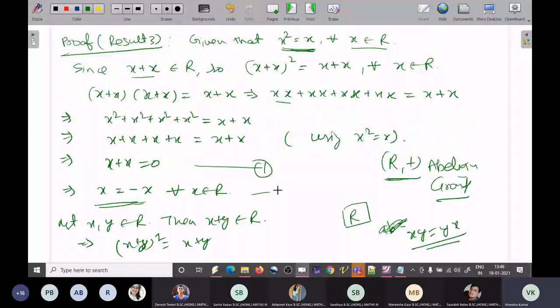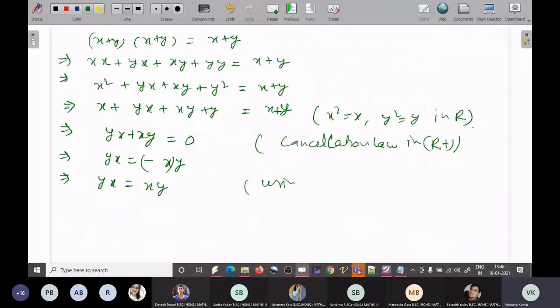So using 1 dash, this is true for all x, y belonging to R. So this implies that R is commutative.